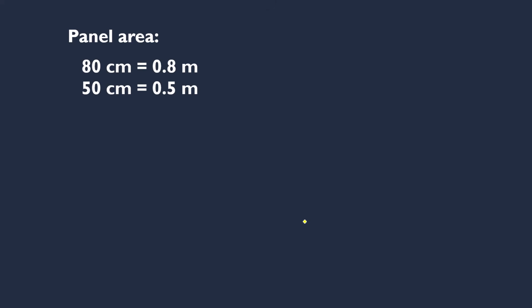So the panel area we got is 80 centimeters long and 50 centimeters wide. Now this is in centimeters, but you remember your incoming light is 1000 watt per meter square. So this is in meter square, and your units should be converted into meters. That's the reason why we converted into 0.8 meters and 0.5 meters.